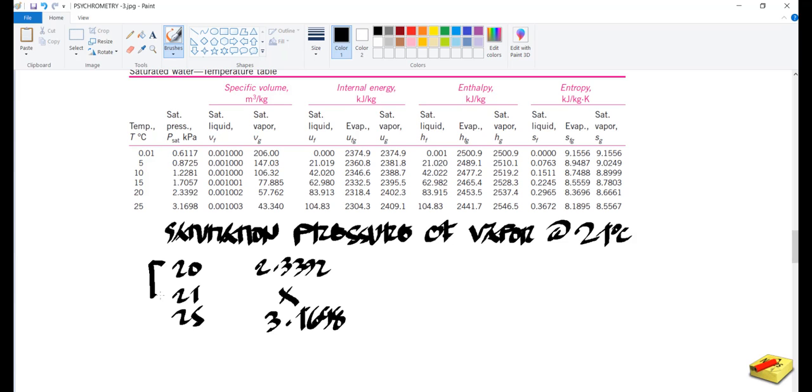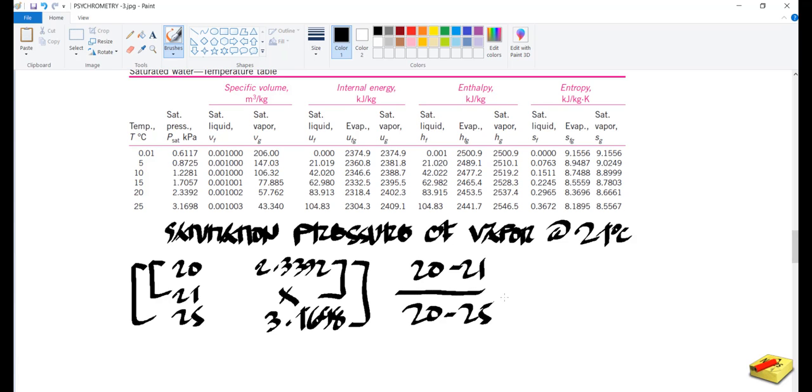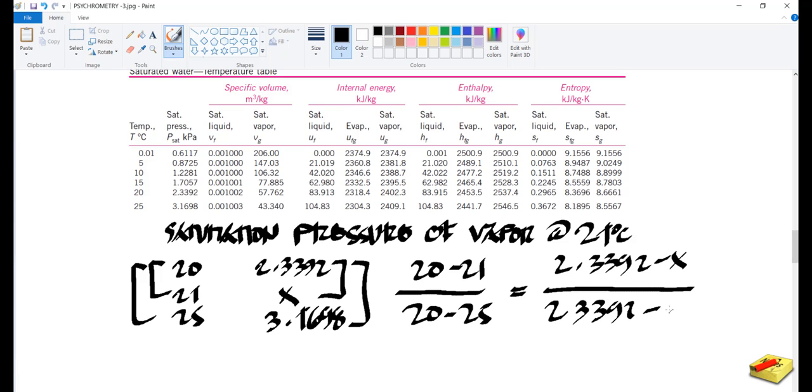Okay, so we need to interpolate this one. So we have 20 minus 21, then we have 20 minus 25 is equal to 2.3392 minus the x divided by 2.3392 minus 3.1698. Okay.